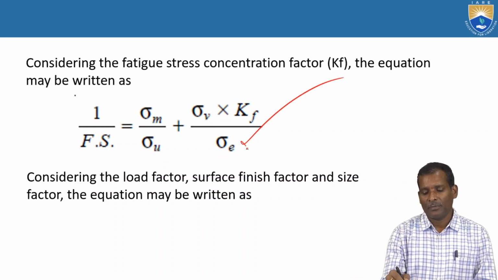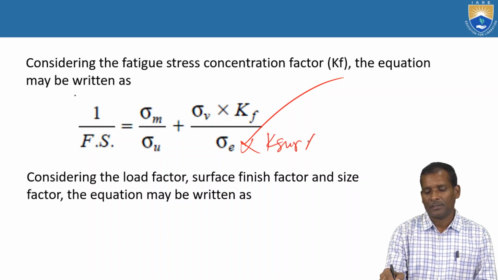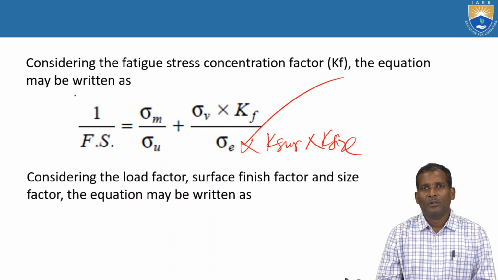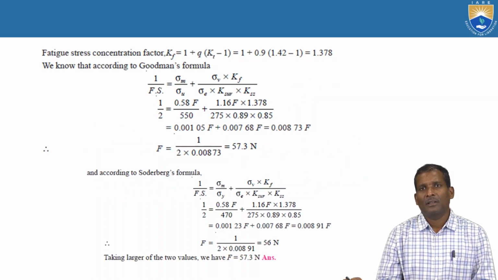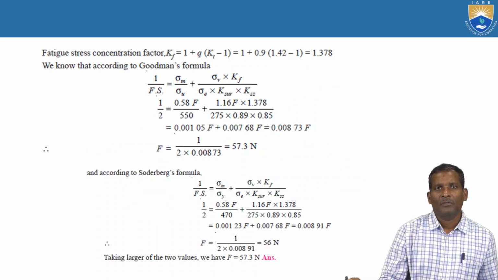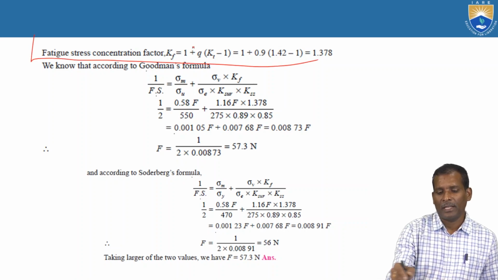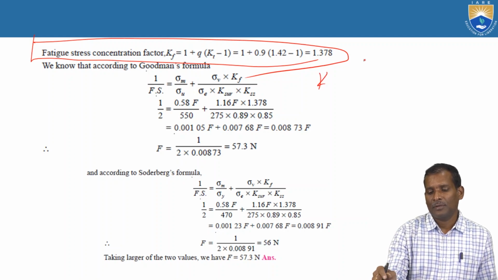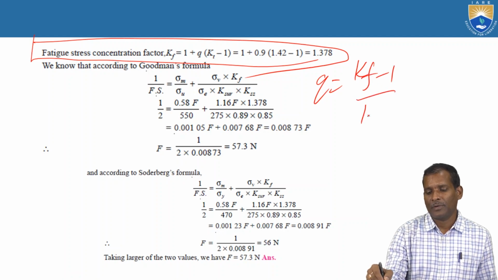Considering other factors, multiply with K, surface finish factor and size factor. Clear? So as per the Soderberg and Goodman line method, the fatigue stress concentration factor we have already calculated. I already told you the Kf: q is equal to Kf minus 1 by Kt minus 1.